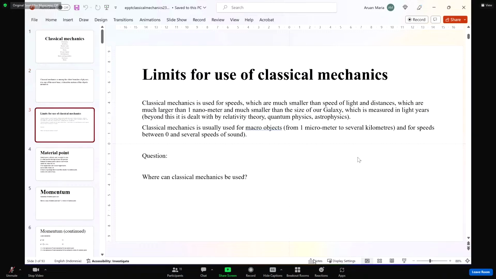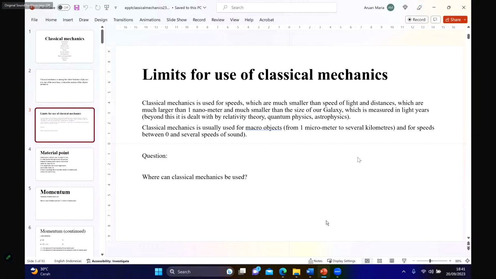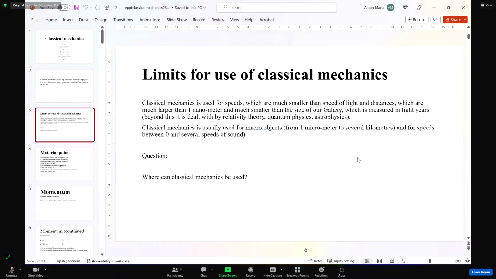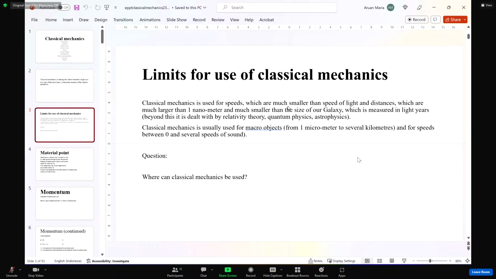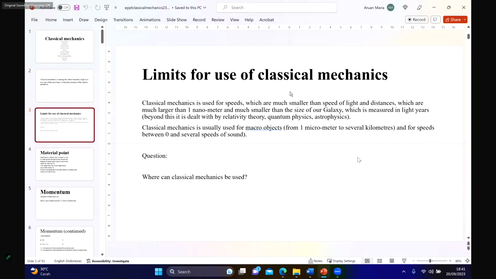Okay, then the next slide. The next slide discusses the limits of application of classical mechanics. We cannot describe very high speed in classical mechanics. We cannot describe very small distances in classical mechanics.